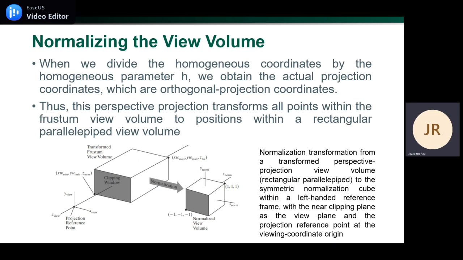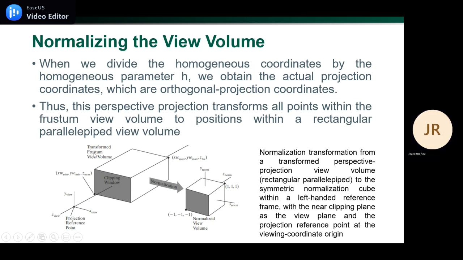Now we move to another topic, normalizing the view volume. Normalizing the view volume is a transformation which normalizes the view frustum from the perspective projection to the conical view frustum. Here we can see clipping before normalization.